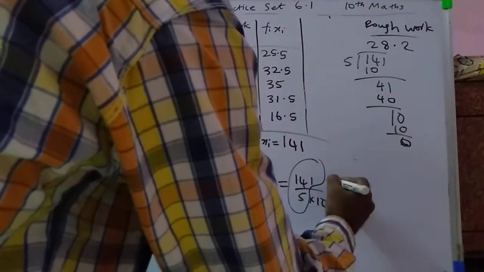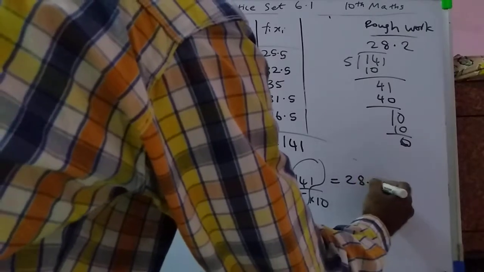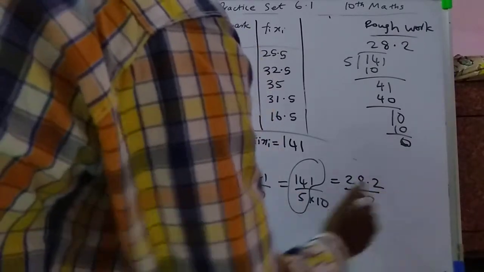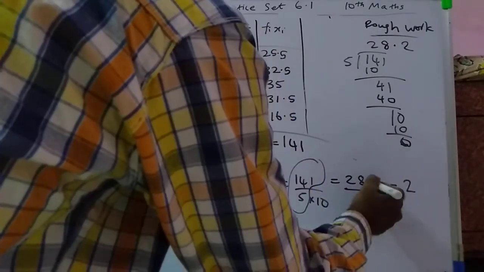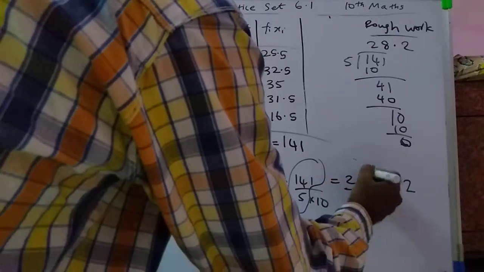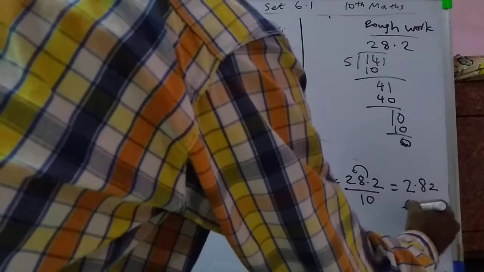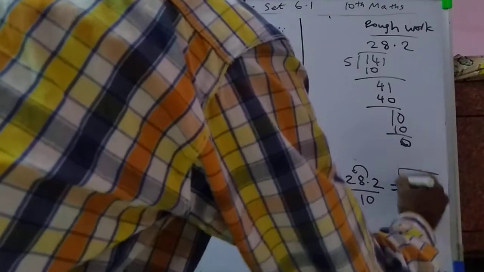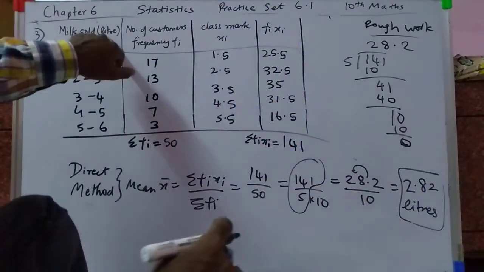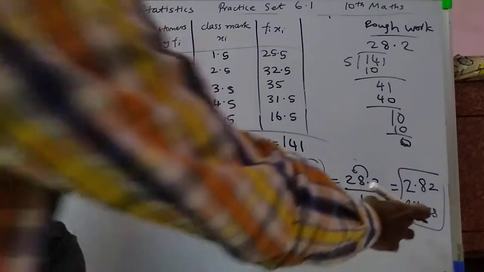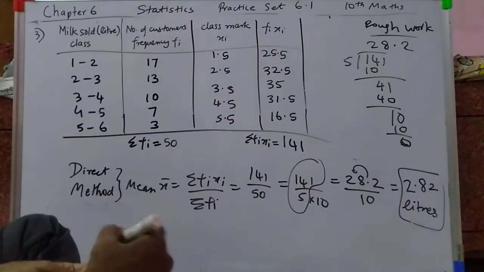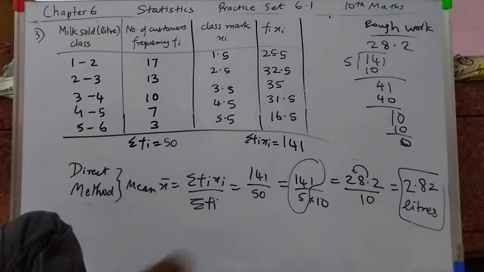So that will become 28.2 upon 10 remaining. The point will go this side, so that is 2.82 liters. This is the answer because liter is given here. Okay, and now next we do the next problem.